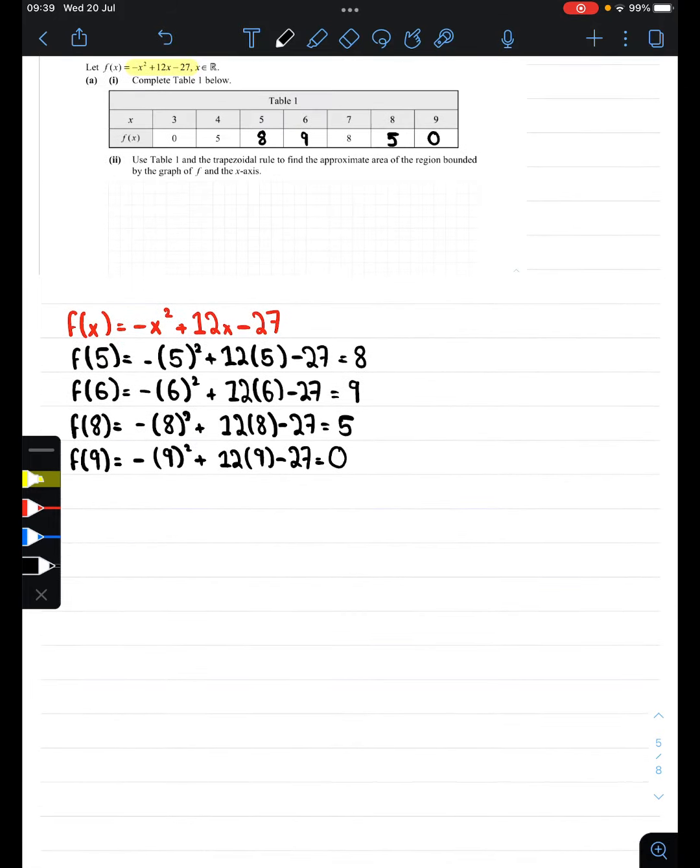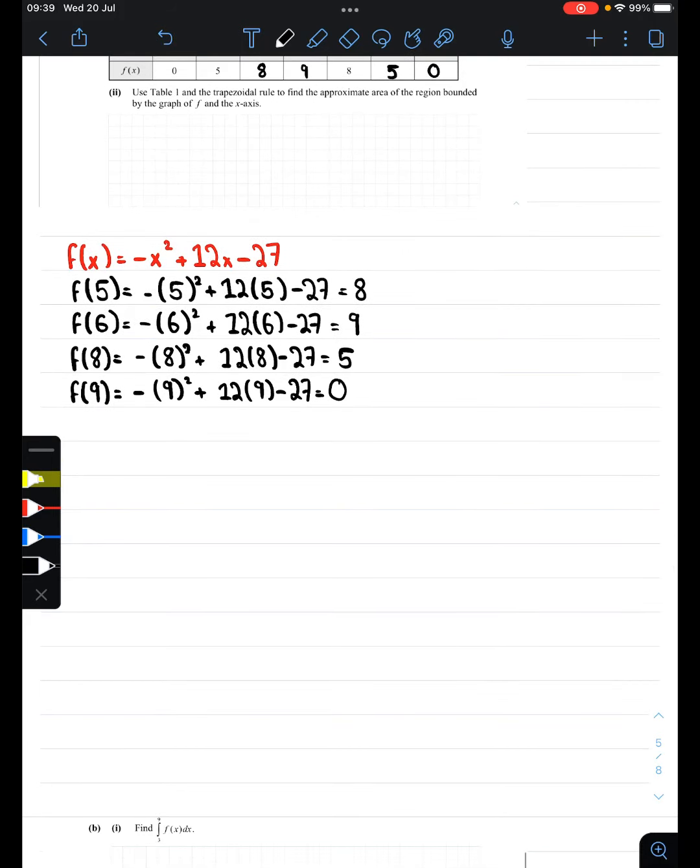Alright, so on to part 2. Use the table and the trapezoidal rule to find the approximate area of the region bounded by the graph of f and the x-axis. Okay, so straight away, before we even read the second half of that question, we see trapezoidal rule and table. Okay, well, what is the trapezoidal rule?